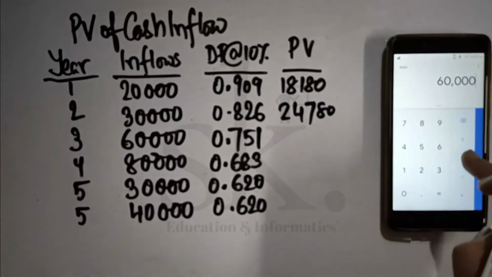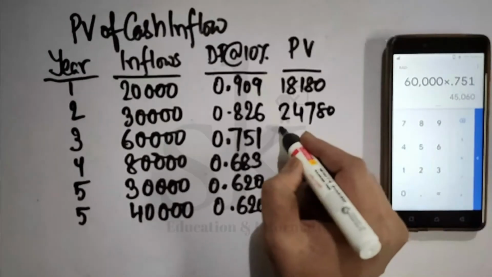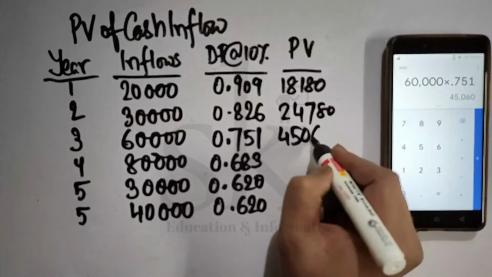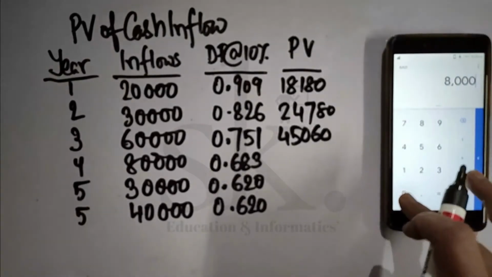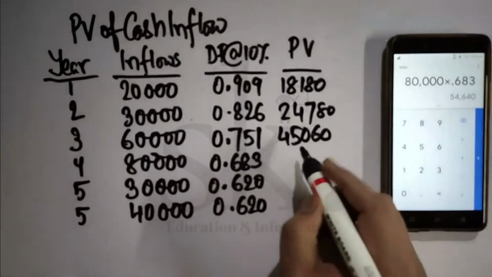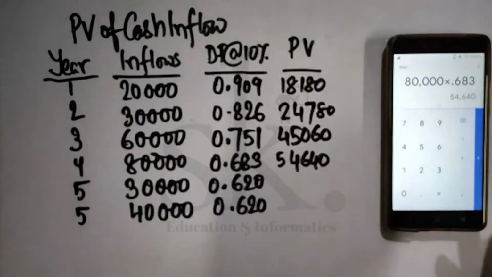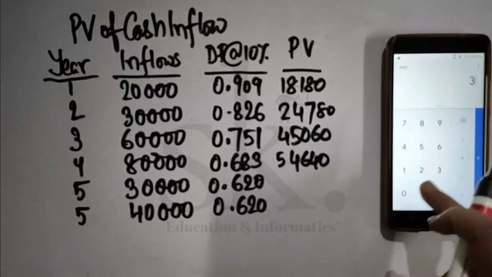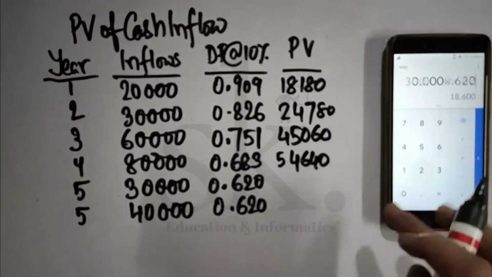So the future cash inflow is 60,000 into 0.751 as a discounting factor. It's coming 45,060. For the next year, it's 80,000 into 0.683. So it's coming 54,640. For the fifth year, its inflow is 30,000 into 0.620.